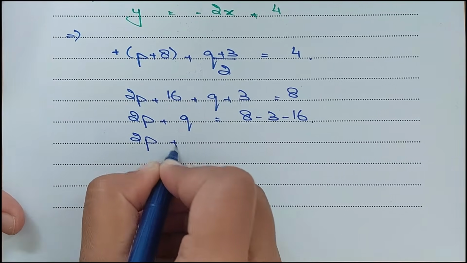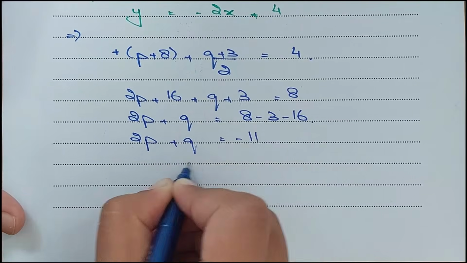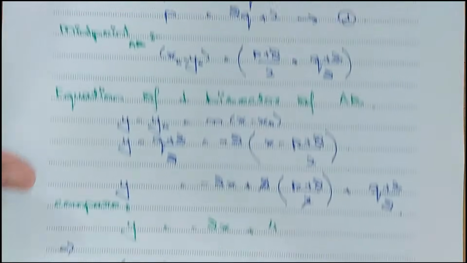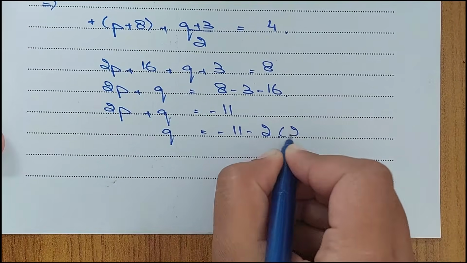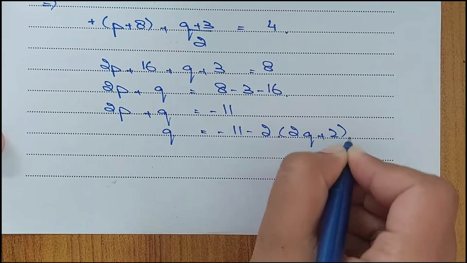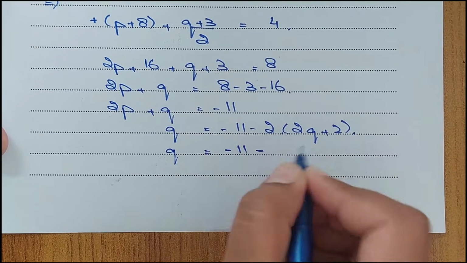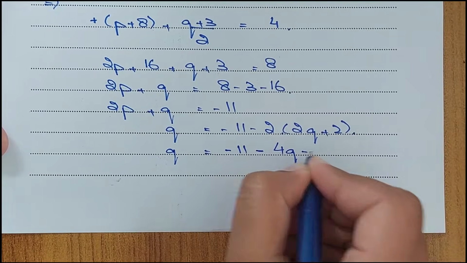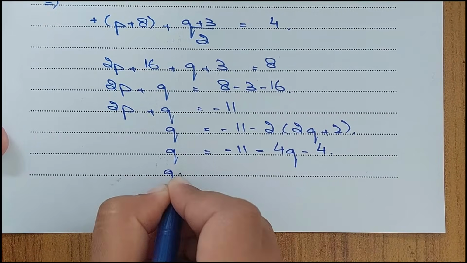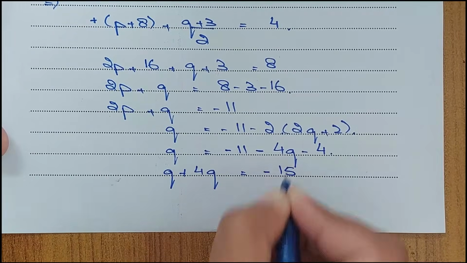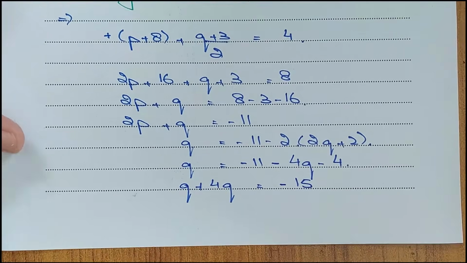So 2p plus q equals negative 11. So what is q? Q is minus 11 minus 2 times p. So the p value is 2q plus 2, right? So q equals negative 11 minus 2 times 2q plus 2, which is 4q minus 4. So q plus 4q would be equal to minus 15. Minus 11 minus 4 is minus 15.